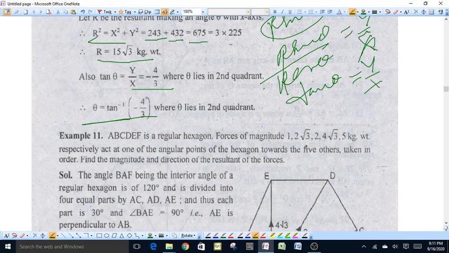This is the direction of the resultant, and the magnitude of the resultant is equal to 15 root 3 kilogram weight.